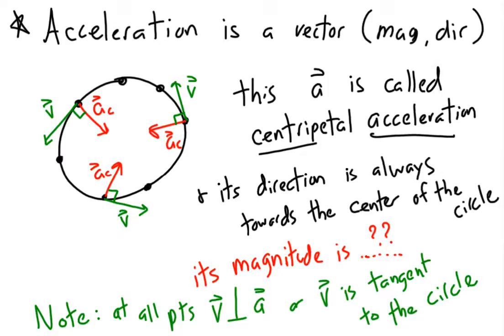Another way we can say that is that the velocity vector is tangent to the circle. Tangent not in reference to the sines, cosines, and tangents, the trig ratios, but tangent in the sense that it comes in contact with the edge of that circle just at that one point, and then continues to travel away from it. There are more technical definitions of tangent, but that's good enough for us right now.